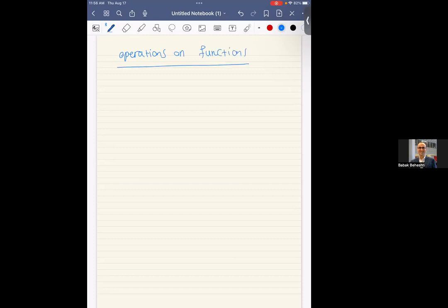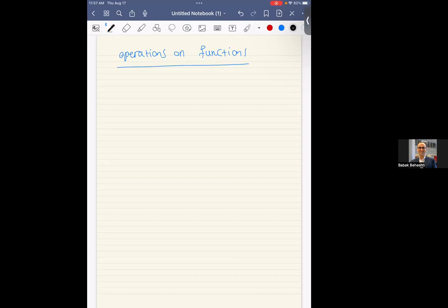Basically, the lesson is when you have two functions, you can use these two to build new functions out of the two. For example, you can add two functions to get a new one. You can subtract two functions. You can multiply. You can divide. And you can compose. This is a new one, composition of functions.